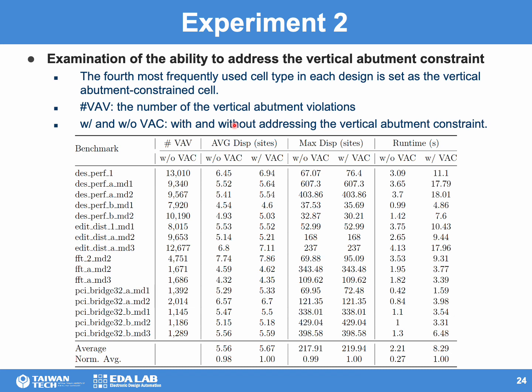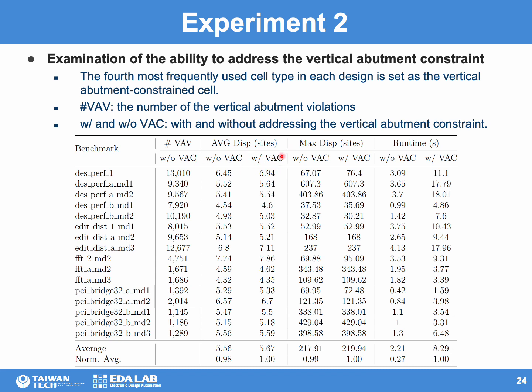The second experiment aims to validate our algorithm's ability to handle the vertical abutment constraint. The without VAC column represents the performance of our algorithm without considering the vertical abutment constraint, essentially the outcome from the previous experiment.